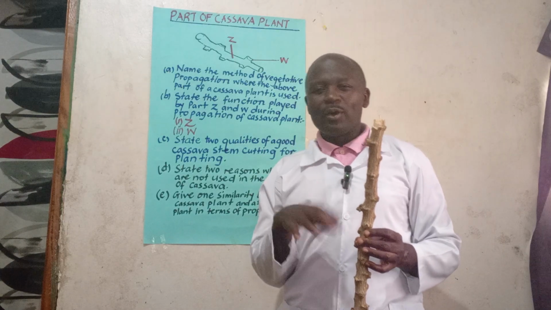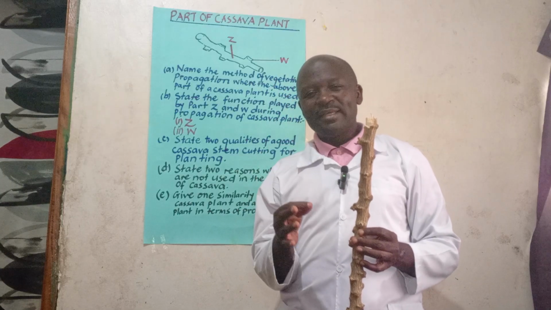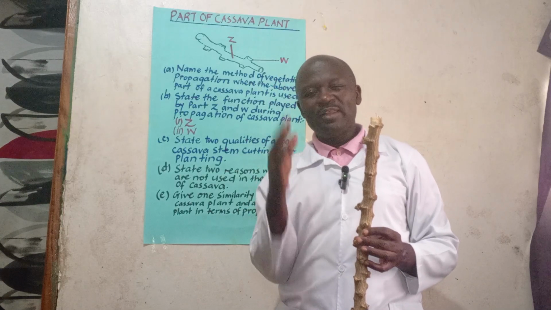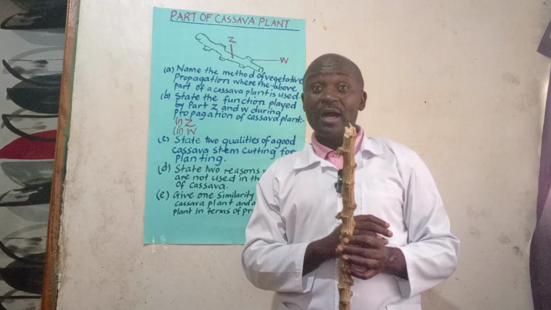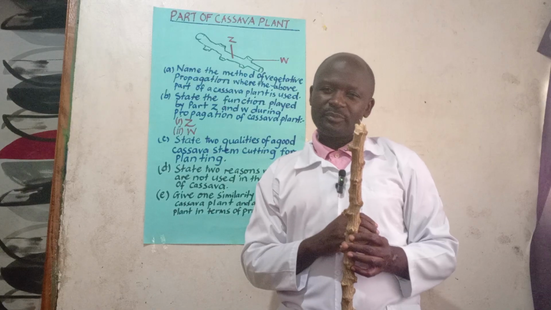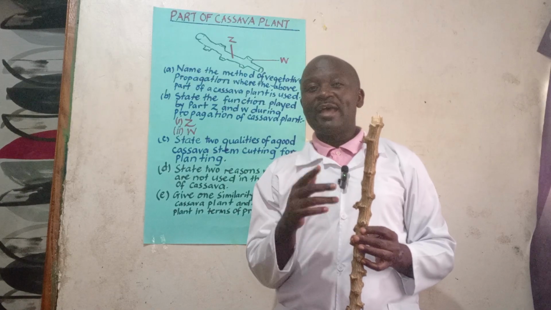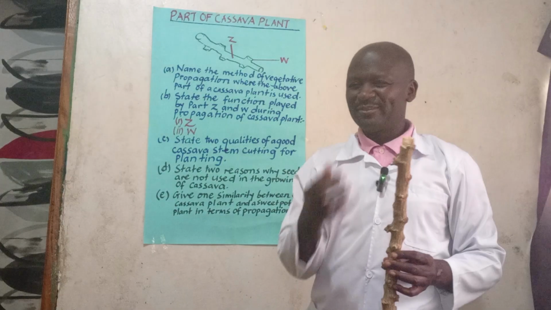Leave alone scoring D1s and what have you, the curriculum emphasizes that we are supposed to equip these learners with knowledge on how to grow a cassava plant. So without wasting time, let's quickly jump into these questions.